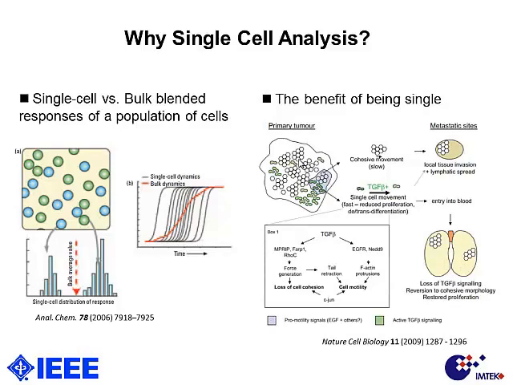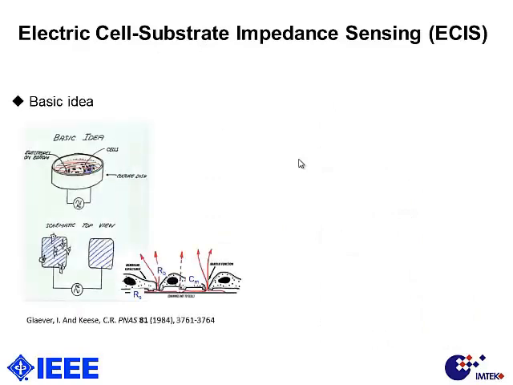There is one method that has been used for a long time in cell-based sensors. It's called electric cell-substrate impedance sensing, ECIS. It was invented by Giaever and Keese. In brief, the basic idea is the concept of an electrode or electrode array.